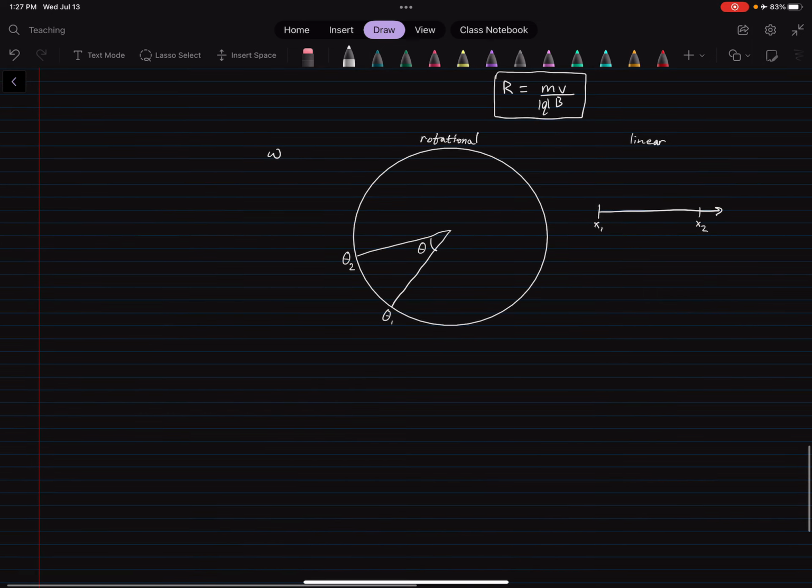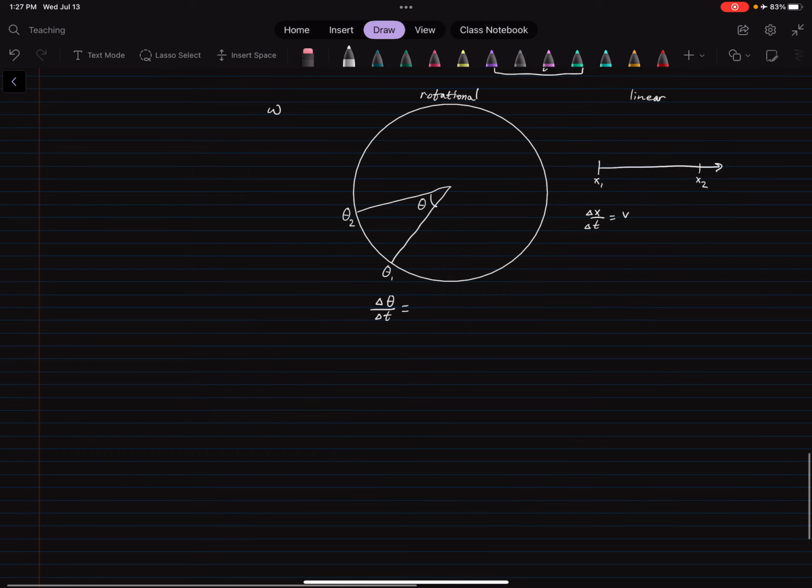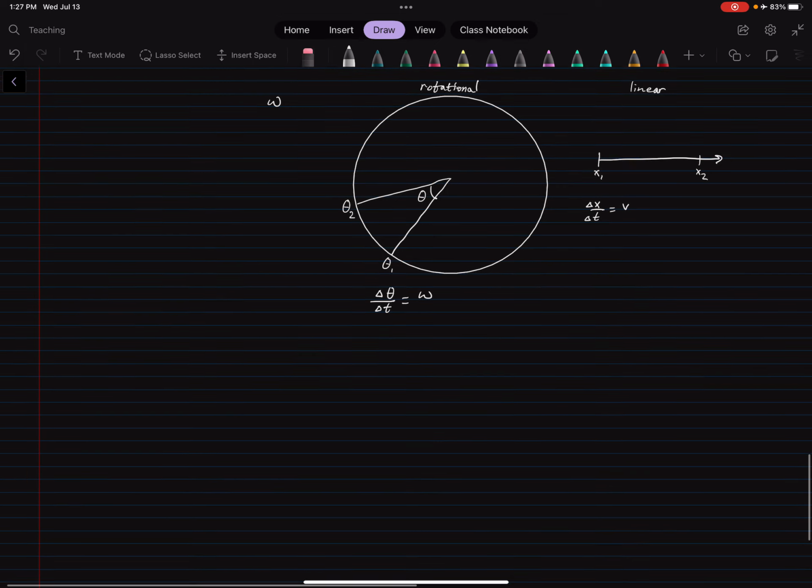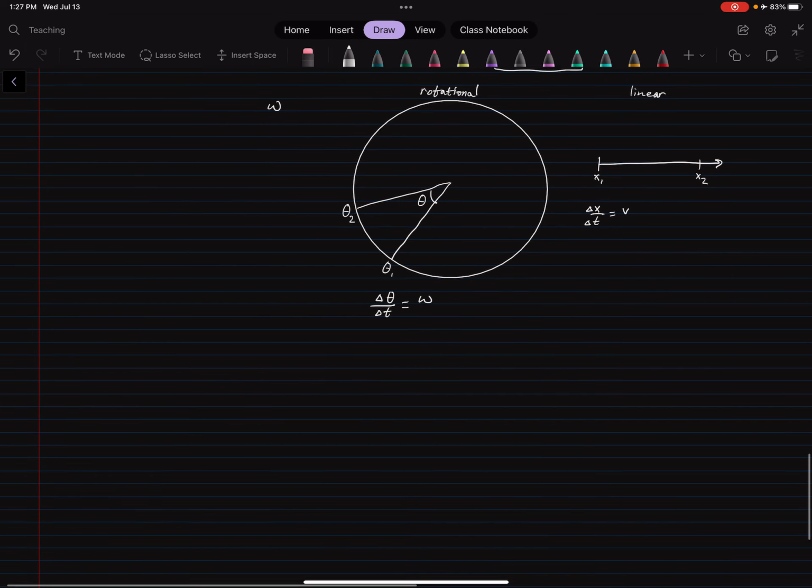In the linear world, we say that something has a velocity, delta x per delta t. For rotation, we say that it goes through delta theta in some time interval delta t, from theta 1 to theta 2. And so instead of a v for velocity, we give it an omega for angular velocity, right? The same deal extends to acceleration, but that's all we need.